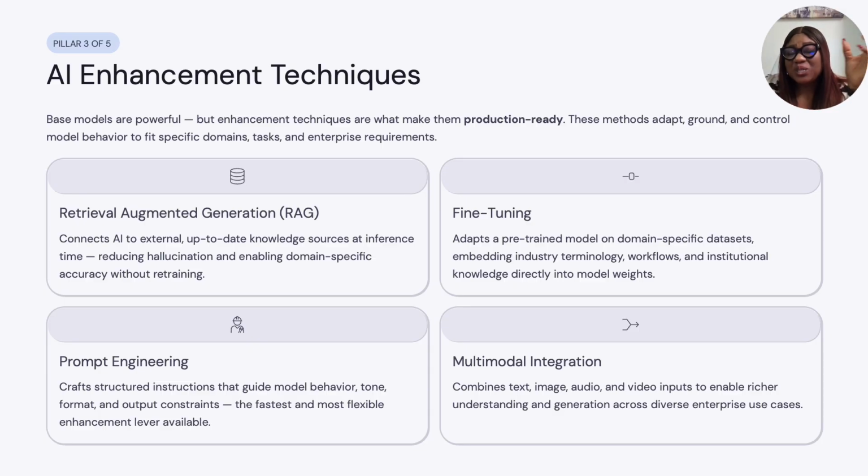We also have fine-tuning, which allows organizations to train models on their own domain knowledge. We also have prompt engineering, which guides how the model behaves. And we have multimodal integration, which allows systems to understand different types of input. These techniques transform a general AI model into a specialized intelligent model, and they are really a core pillar of the modern AI system.